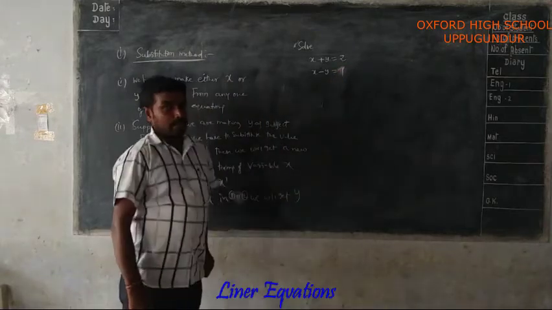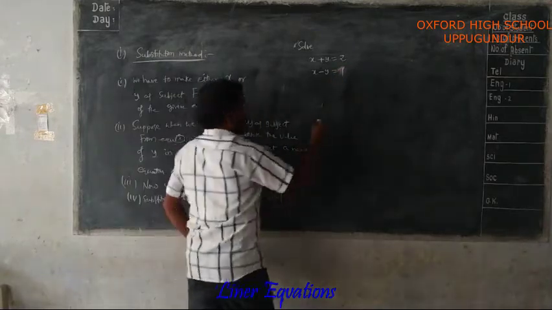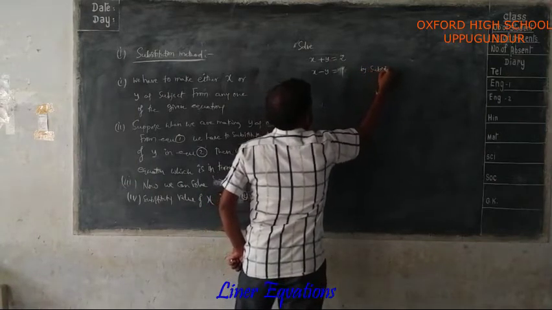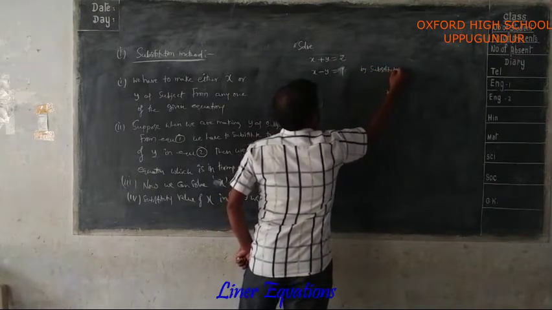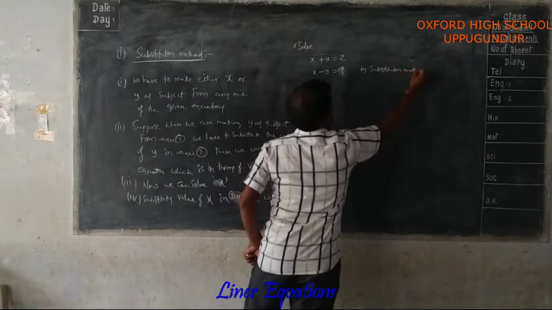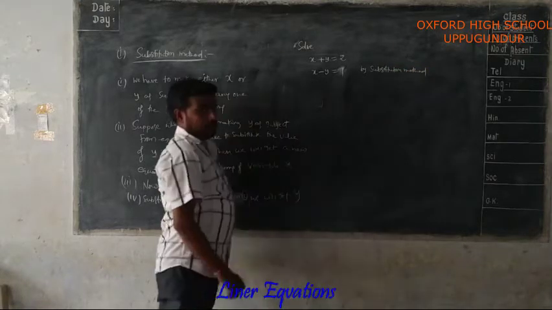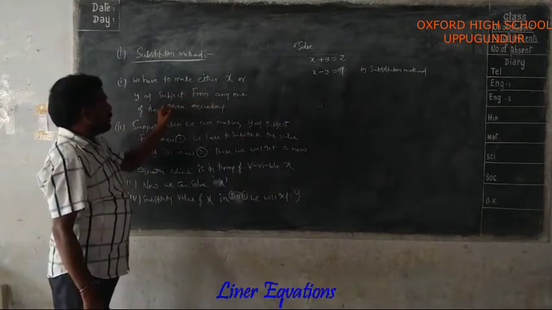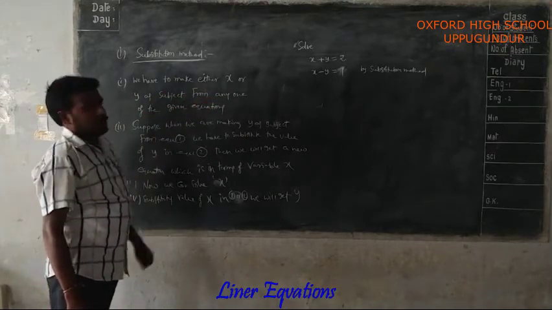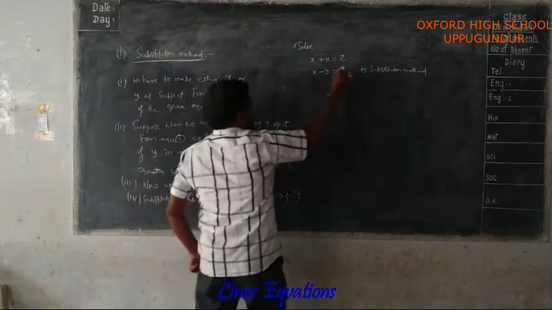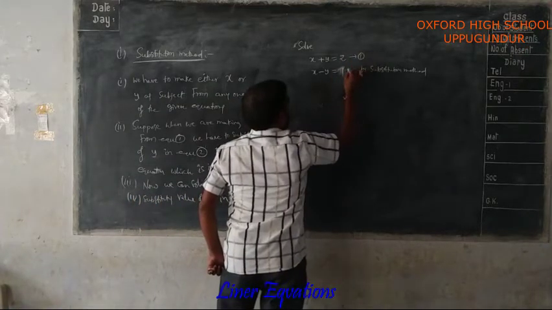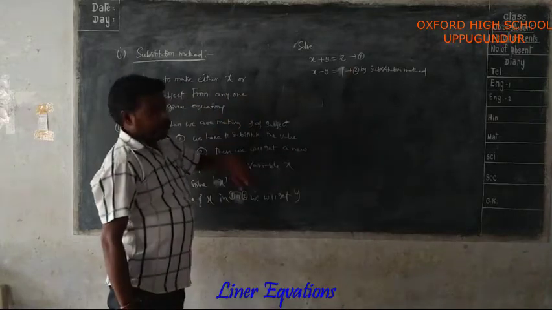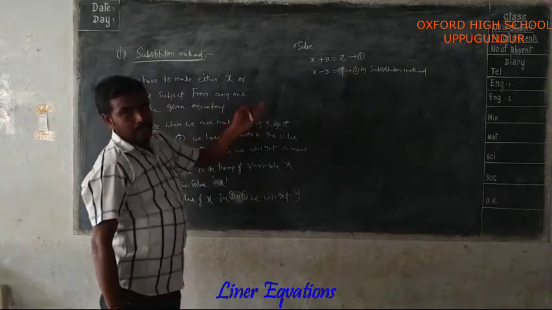If you want to solve these two by substitution method, what is the first step? What do you have to do? You have to make either x or y as subject from any one of the given equations. So first you have to name these as equation 1 and equation 2. From either 1 or 2, we have to make either x or y as subject.